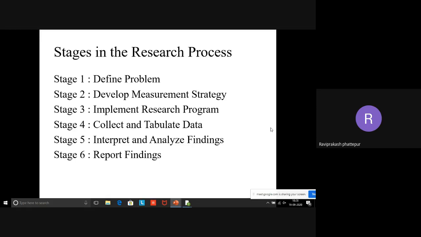Next, after defining the problem, we have develop measurement strategy. If you have a proper problem defined, you have a direction now. So what to measure, how to measure. For example, a particular time duration of 6 weeks or 8 weeks or 10 weeks is given to you to do a particular research.